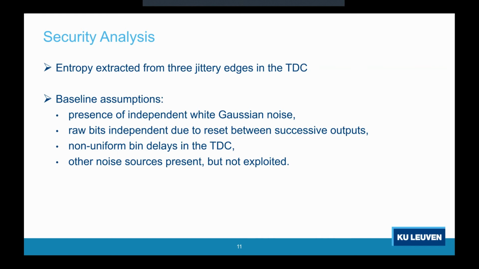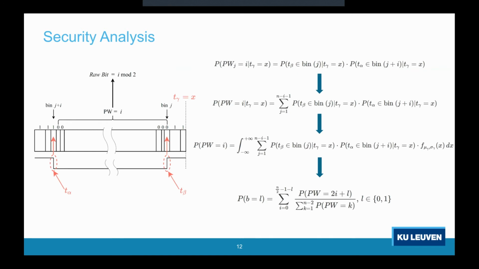Then we assume that the bin delays are non-uniform, that is, we need to characterize them precisely. And we assume that other noise sources are present, but they will not be exposed in our design. Now, to keep things relatively simple, I will only discuss the digitization element.